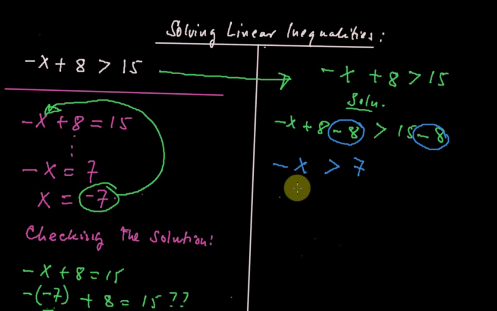This is where you have to listen very carefully and see whether you got the same answer. When you divide here, or when you multiply by negative 1, it will result in changing of the inequality sign. So here you have to know this.